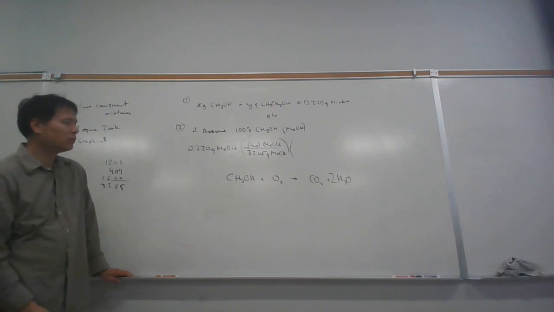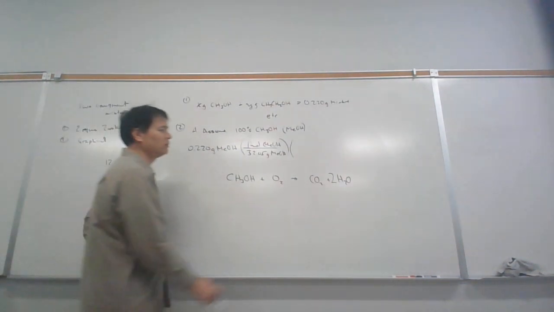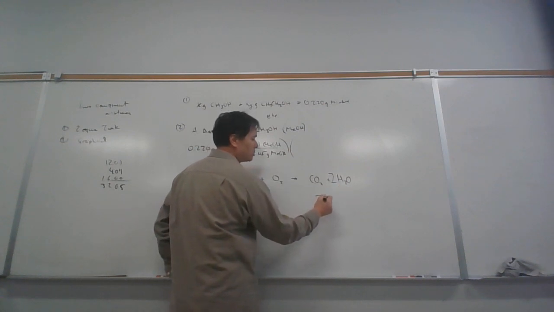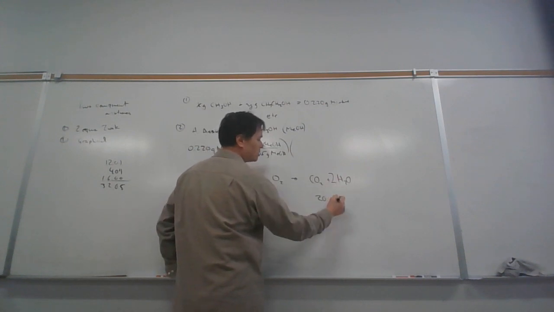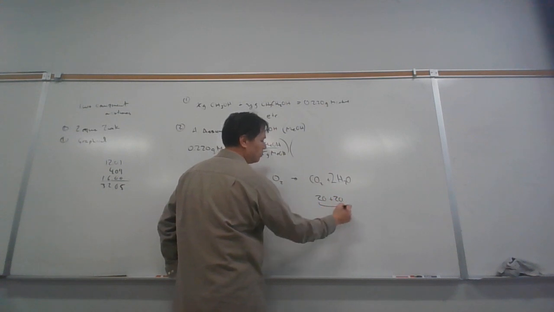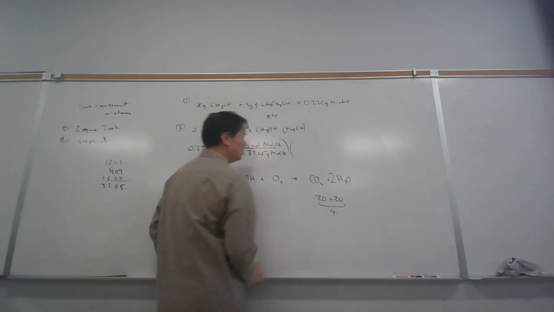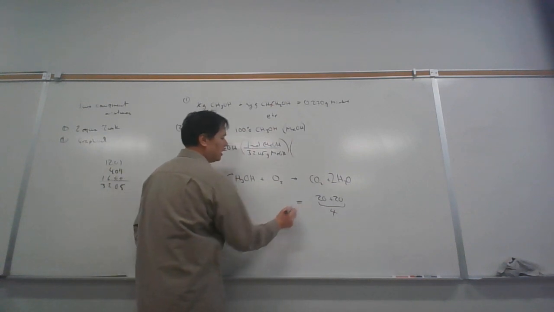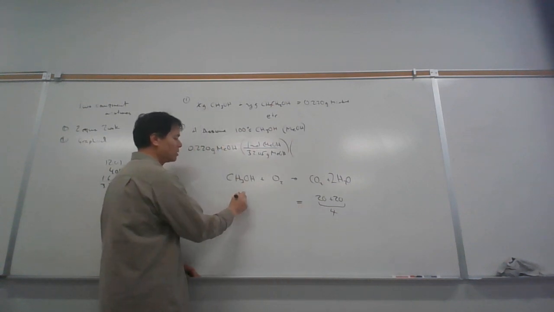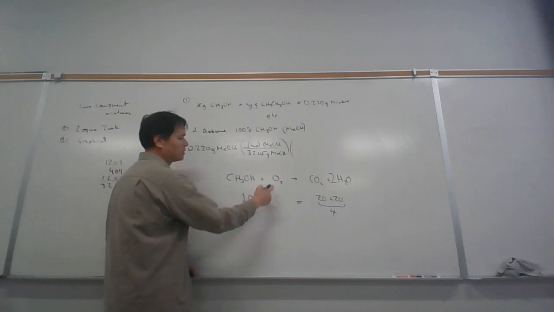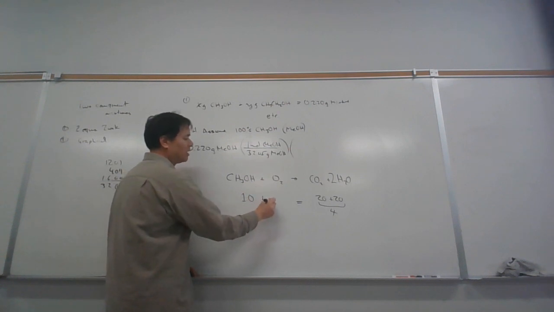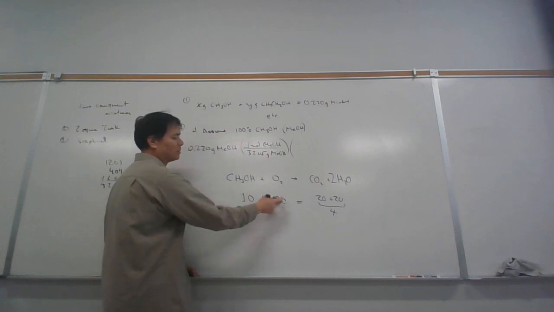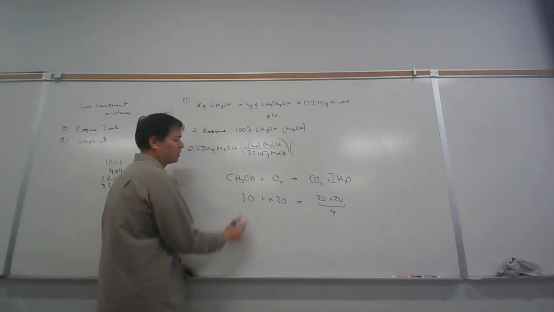Okay, now we're going to work on the oxygens. I don't want to change the number of oxygens on the right because I'm going to have 2 oxygens plus another 2 oxygens. So that gives me a total of 4 oxygens on the right. On the left, I have 1 oxygen that's fixed plus N times 2 oxygens, whatever variable you want to use.